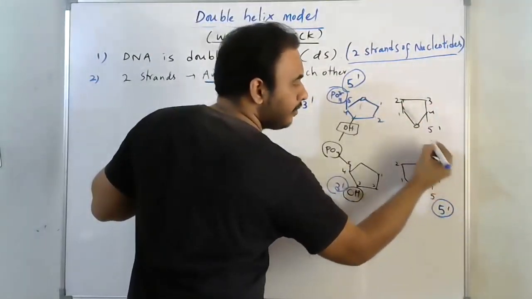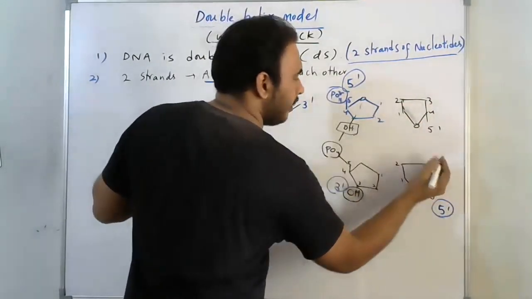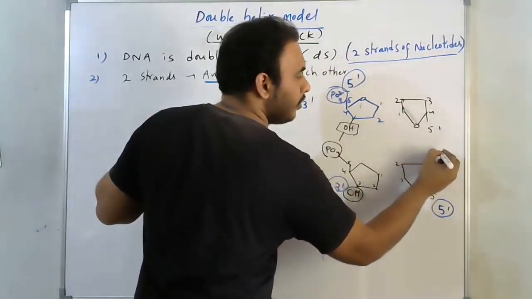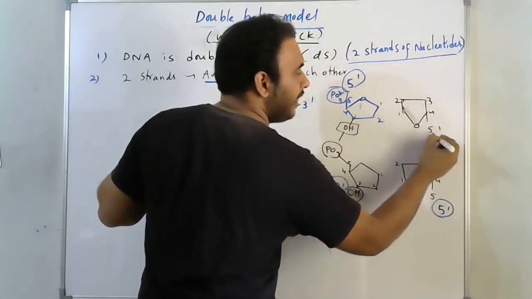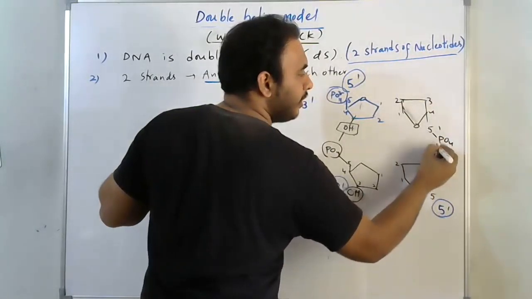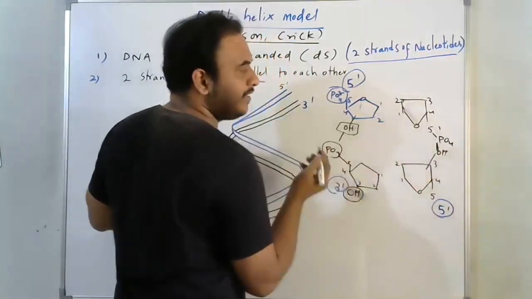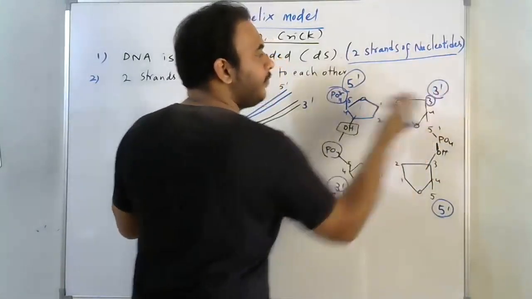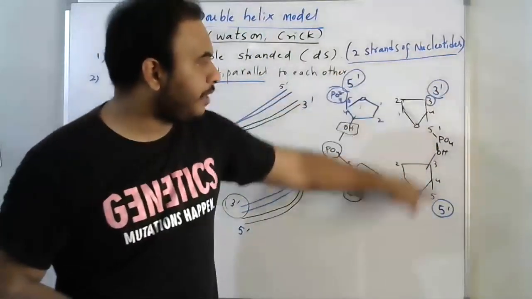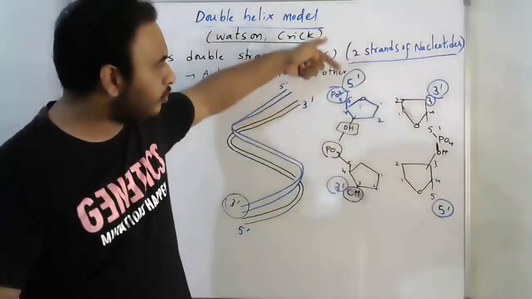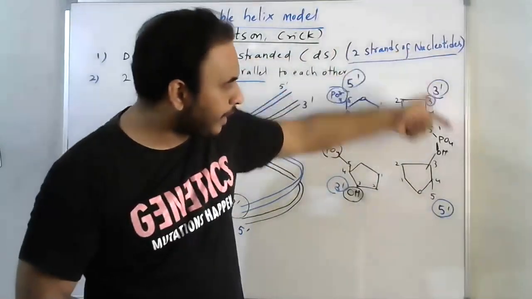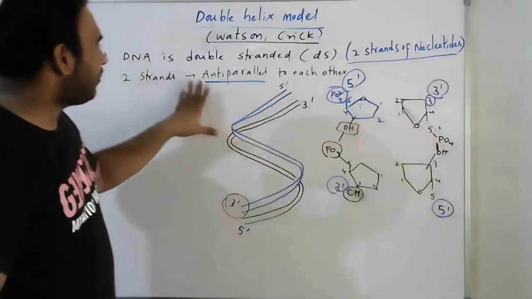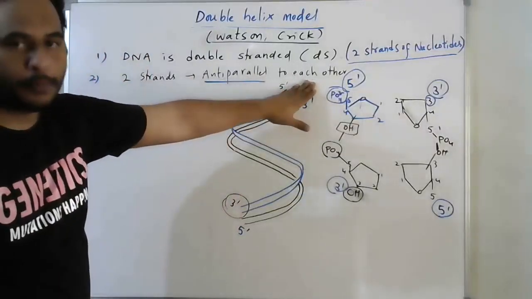Here there is already an OH group, and here a phosphate group. Both are attached by phosphodiester bonds. And here the third carbon is free. So the two strands possess anti-parallel polarity: 5' to 3', 3' to 5'. This is called the anti-parallel property.